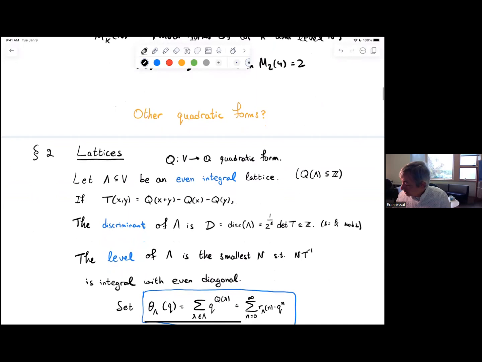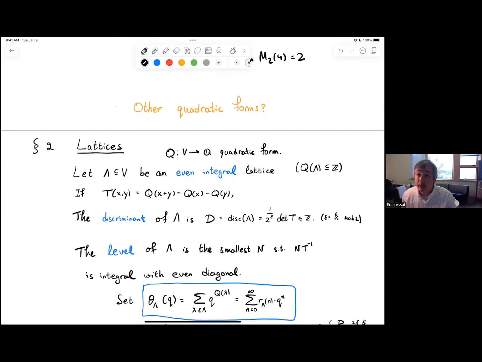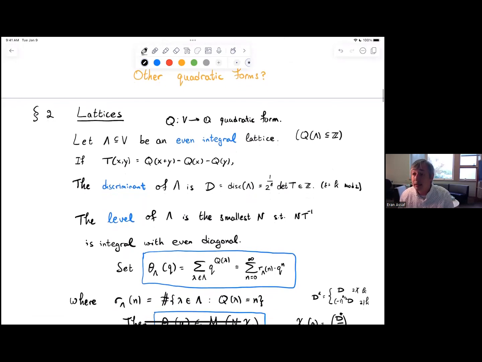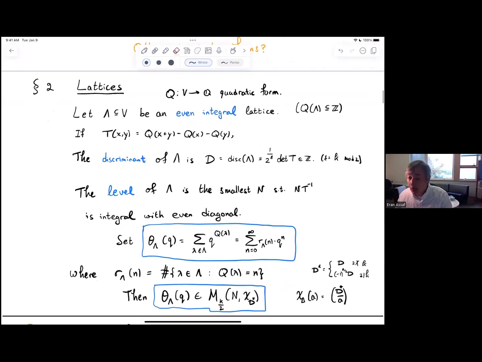And again, we can still take this generating series of representation numbers, this time for the number of elements of the lattice that have norm exactly n. And this generating series again turns out to be a modular form. It satisfies the transformation properties and the growth conditions that we expect for a modular form. Here I introduced another notation.